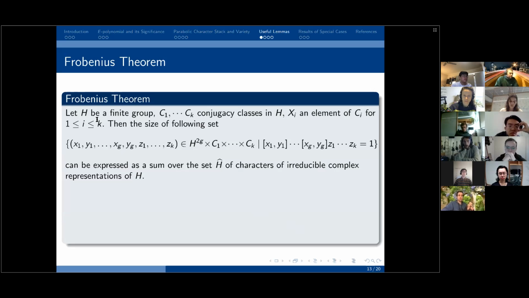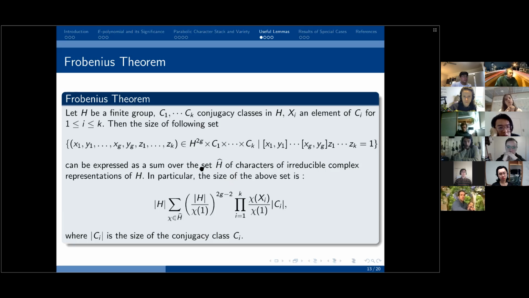Let H be a finite group, and C1 to Ck are conjugacy classes in H. Then the size of the following set can be expressed as a sum over the set H hat. Here, H hat means the set of characters of irreducible complex representations.